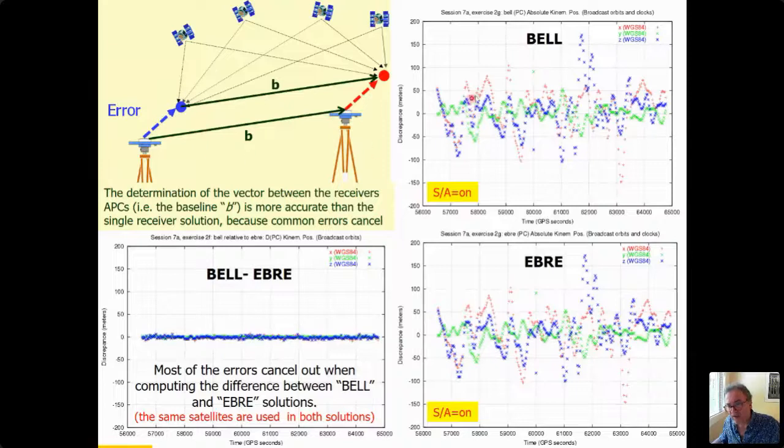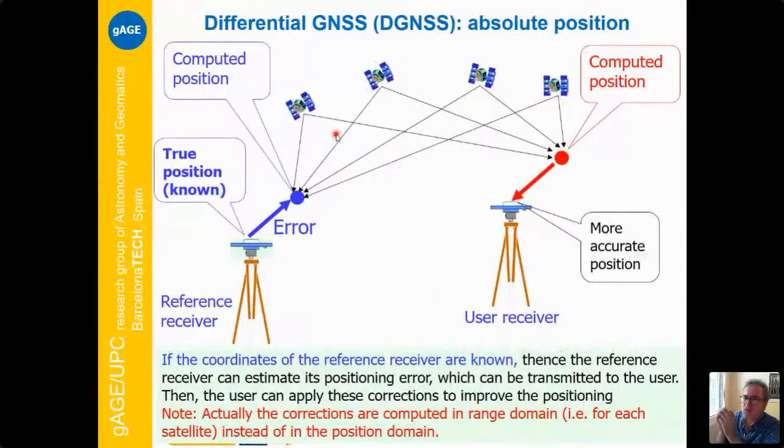Because both errors are mostly the same, we can consider a reference receiver whose coordinates are accurately known, known at the centimeter level, for instance. Using this reference receiver, we can compute the positioning error, because we can compute the navigation solution from the satellites and compare it with the precise coordinates that we know for the receiver in this reference station.